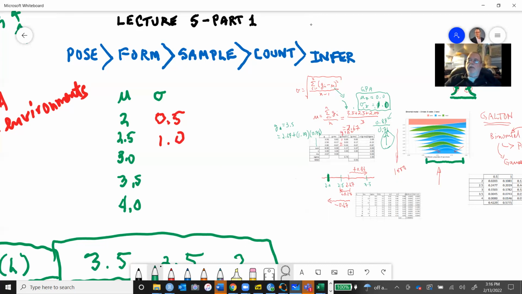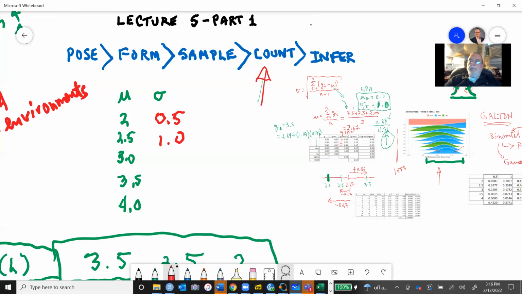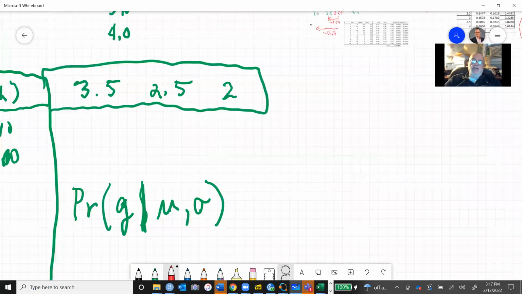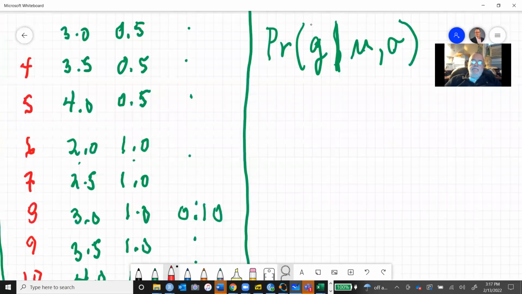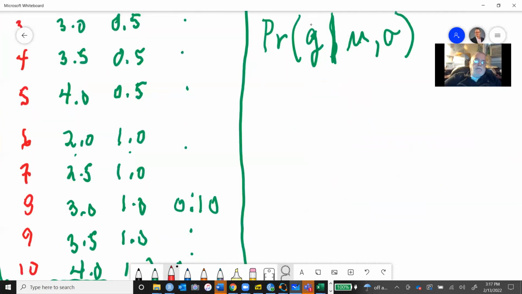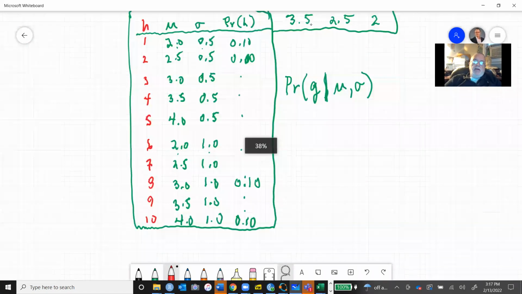We've got our sample, and we're going to use this new counting rule that we have, which will hopefully help us out a little bit here. I'm going to try that rule down here with the calculation for a particular hypothesis. Let's see if we can see all this together.